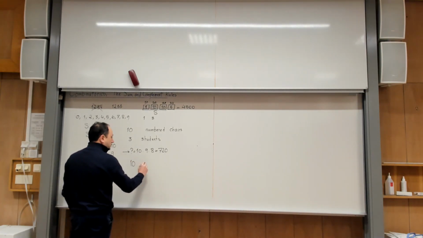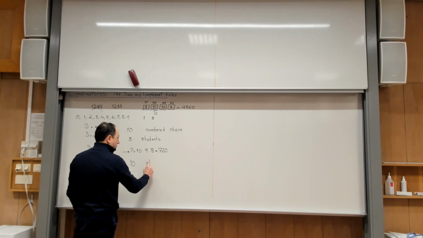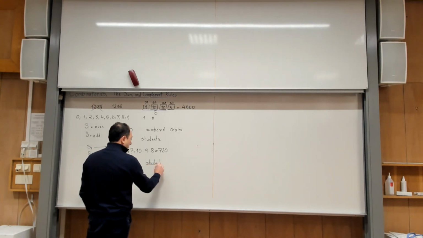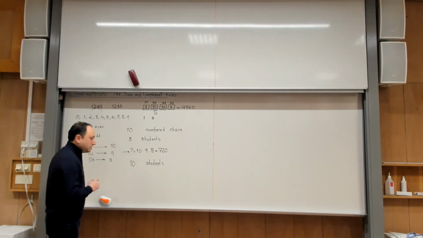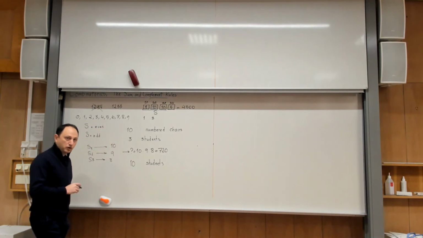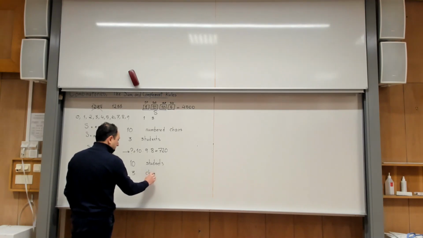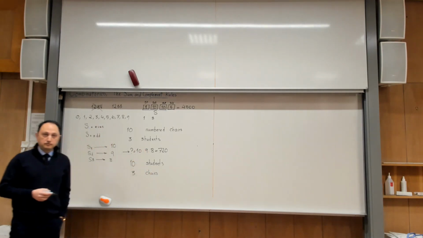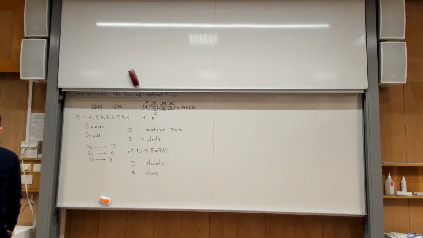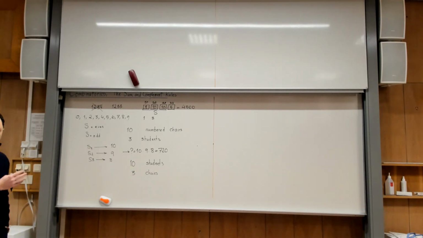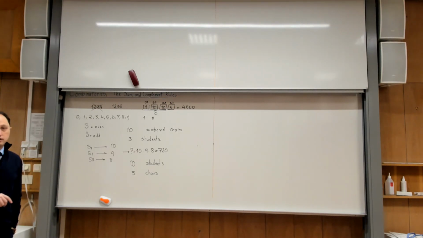I don't need to number the students because the students are distinct. 10 students in a room where there are not enough chairs for everyone, but there are 3 chairs. And I want, of course, to choose 3 people from the group of the 10 students and let them sit on these 3 chairs. Now how many ways can I do that?